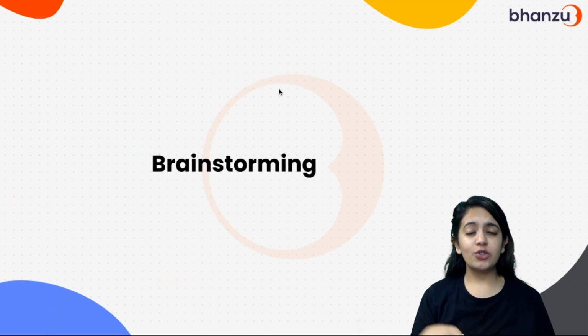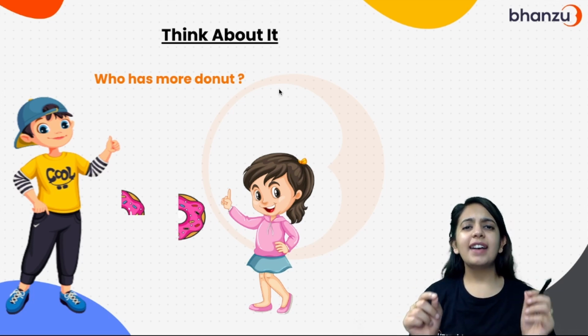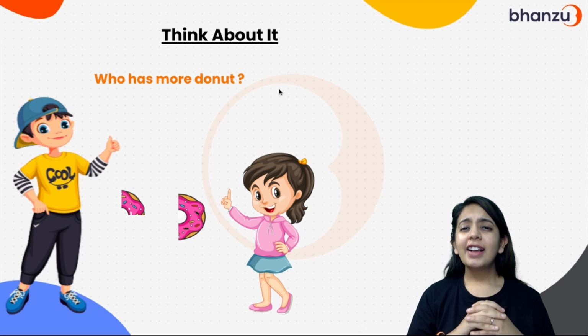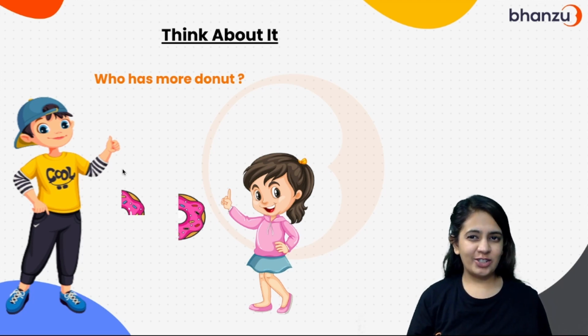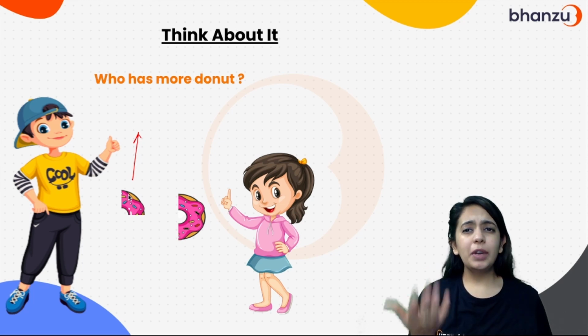Now here's a question for you to think about. The question is, who has more donut? Is it Jake or is it Sia? Now let's first find out the fraction of donuts that they have. So what do you think is the fraction of donut with Jake? Seems like 4 such parts of this donut will make up one whole. That means the fraction of this part is 1/4.